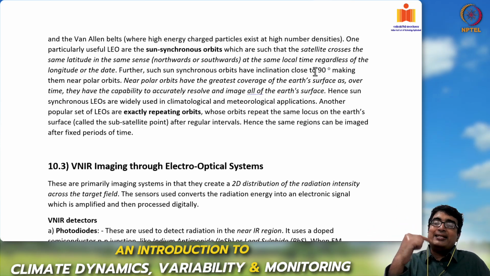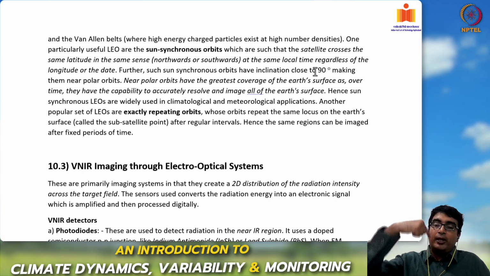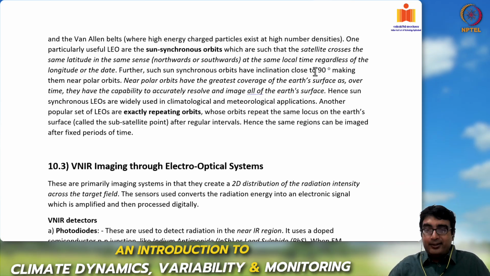If it's rotating such that it is crossing the North Pole and South Pole like this, then the inclination is 90 degrees. So sun-synchronous satellites orbit at 90 degrees with respect to the latitude circles or the equatorial circle.